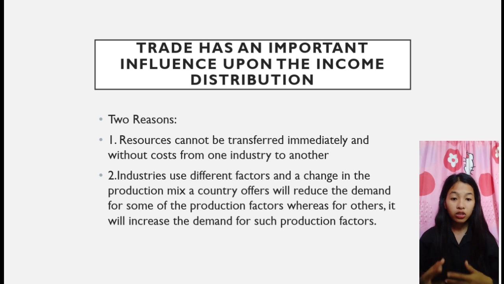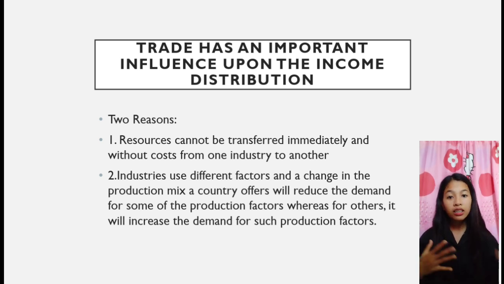Some countries change their factors of production while others mix their factors of production. So one country may increase its use of production factors, while another country decreases. It depends on the factors of production they use.